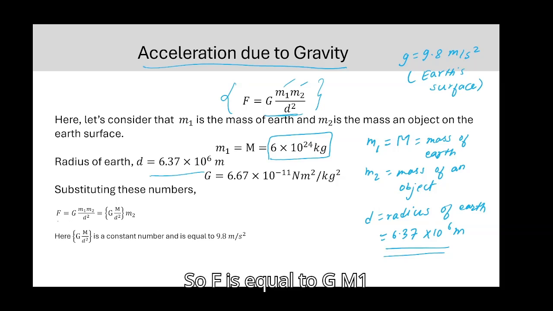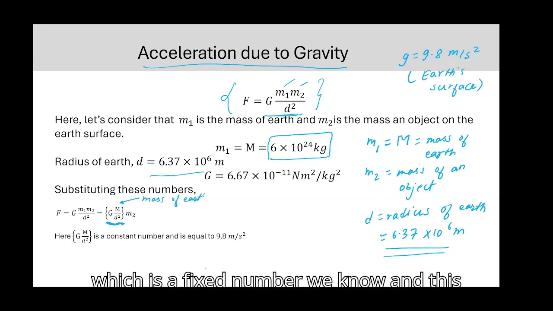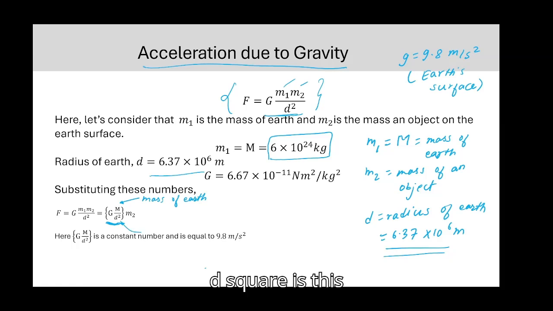F is equal to G m1 m2 over d squared, and if we take this portion out, this is a fixed number, because this is the mass of Earth, which we know, and this d squared, where d is the radius, is also a fixed number, and we also know that G is constant.